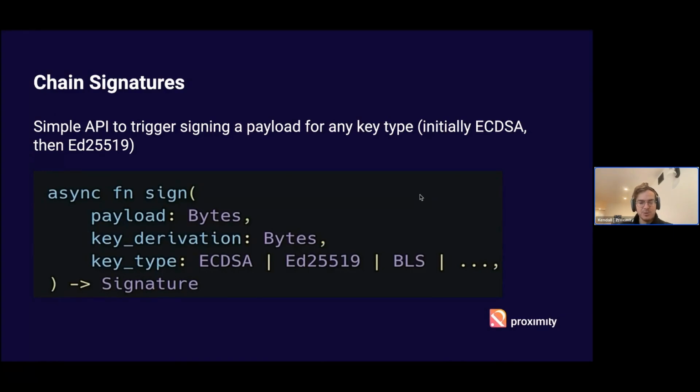By popular request, we will absolutely be adding EdDSA, or specifically Ed25519, which is what Solana, a lot of Substrate chains and others use. So watch out for that pretty soon over the next couple of months. And in the future, if there are chains or use cases that require other signature types, we can just add those to the system so that we can support those as well.